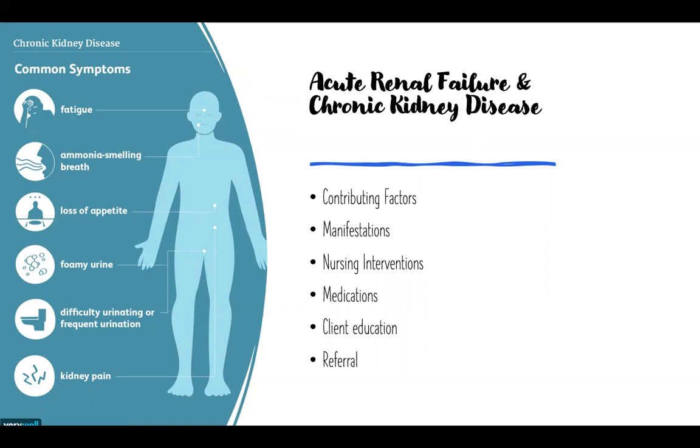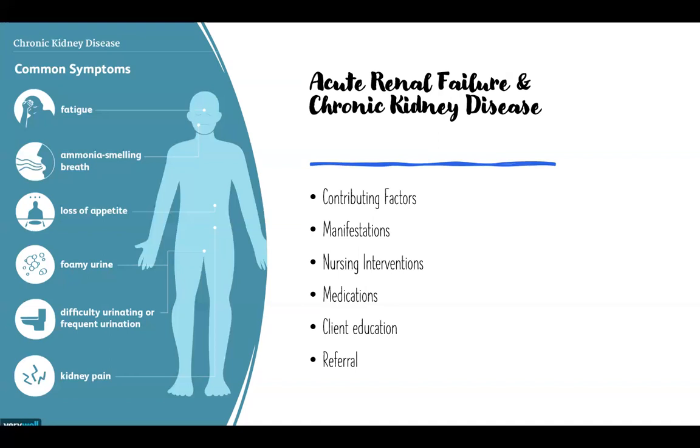Okay, so when we think about acute renal failure, there's contributing factors. We have to look at pre-renal, renal, or post-renal factors. What is causing the urinary system to fail? So if it's pre-renal, there's going to be something before the kidneys.